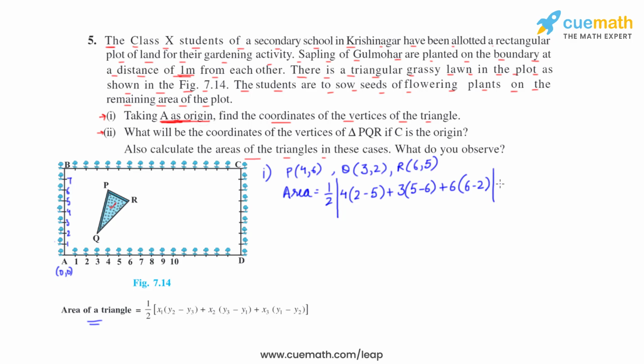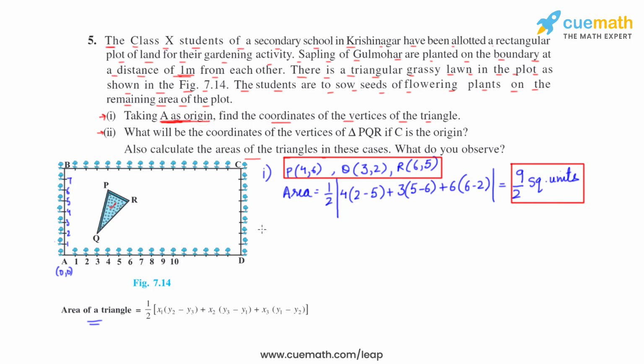When we simplify this, we get the answer as 9 by 2 square units. So for the first part, the coordinates of PQR are these, and the area of triangle PQR we get as 9 by 2 square units. Let's do the second part now.